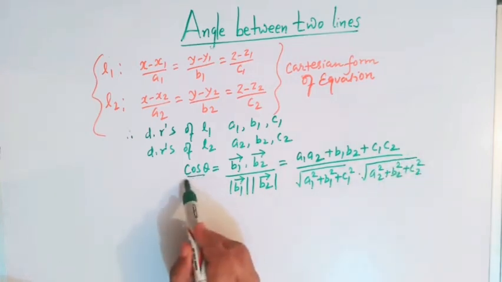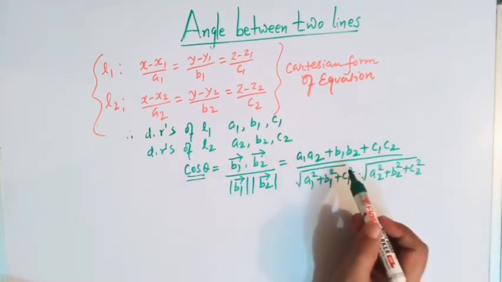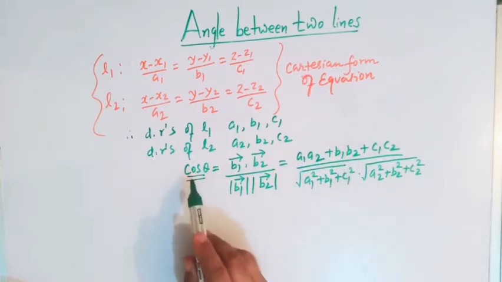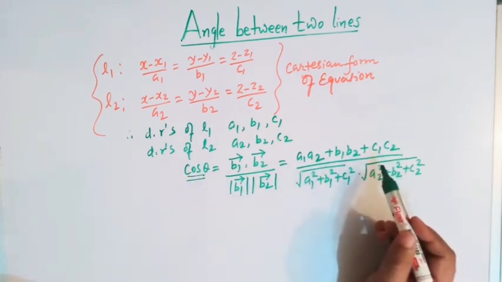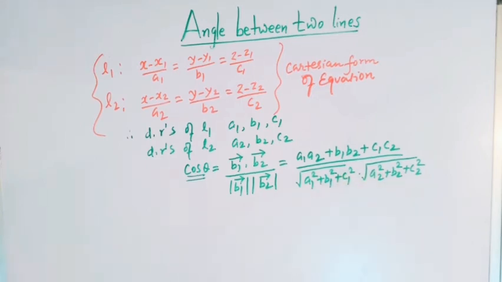So this is the formula for finding out the angle between two lines, right? So viewers, let us take some problems.